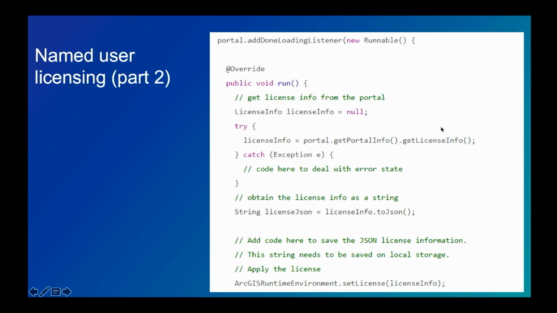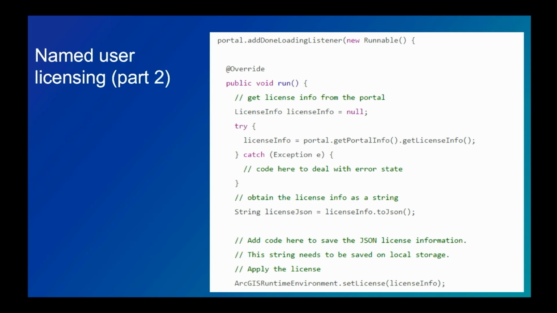Once you've got your license info, you can use a method called toJSON and basically serialize that into a string. The idea is you store that string somewhere safely on your device or your machine, so that when your application starts up offline, you get hold of that string, and then from your license info class, you just deserialize that using a fromJSON.